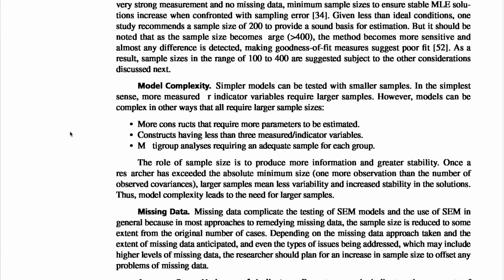Simpler models can be tested with smaller samples. In the simplest sense, more measured indicator variables require larger samples. However, models can be complex in other ways that all require larger sample size: more constructs that require more parameters to be estimated, constructs having less than 3 measured indicator variables, and analysis requiring an adequate sample for each group.